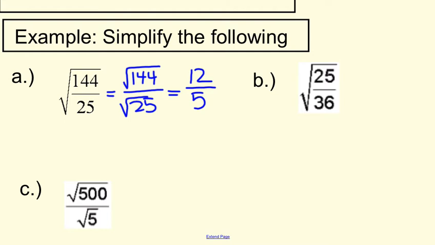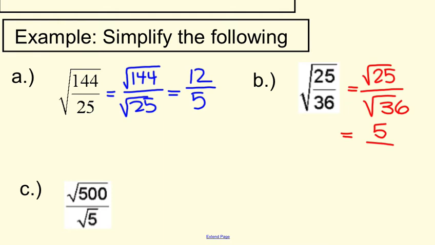Let's come over to example B. Again, we can split it up as the square root of 25 over the square root of 36. Hopefully you're memorizing now that the square root of 25 is 5, and the square root of 36 is 6.